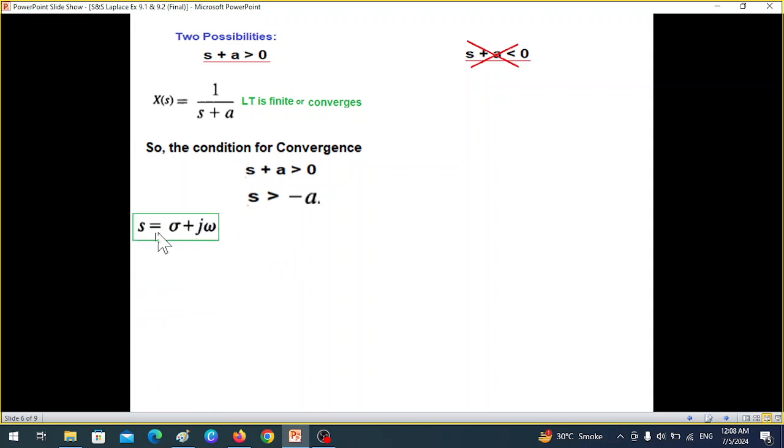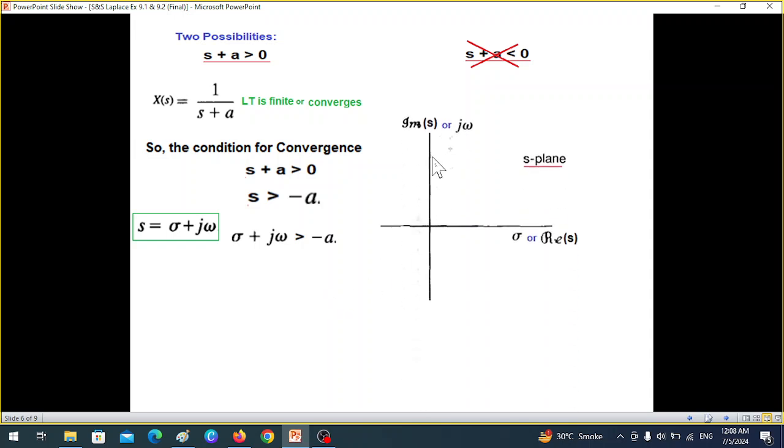Or we can also say from here that this one is greater than -1. From here we replace this. But as we mentioned here, the j omega's value is not important to us. Sigma is important, or sigma is the real value of S. So we can say that the real part of S has to be greater than -a.